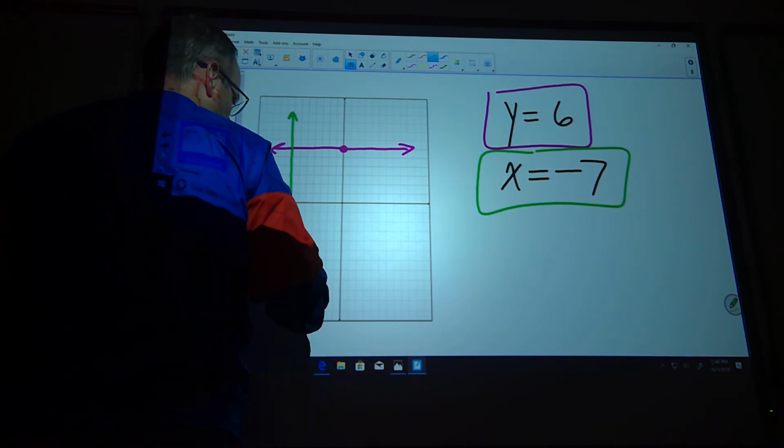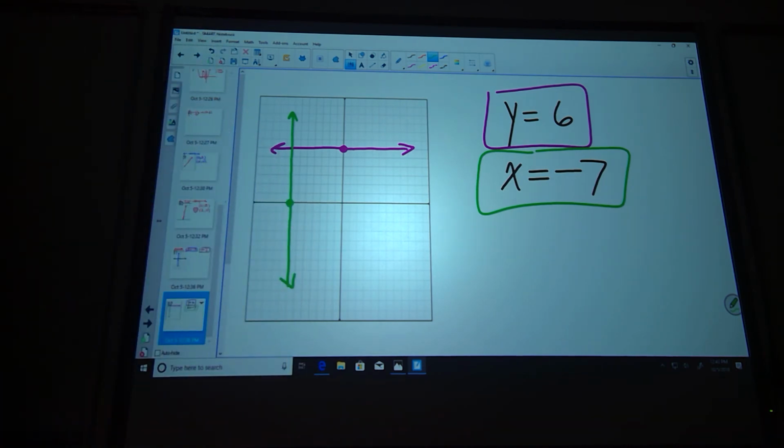Aiden, what kind of slope does a vertical line have? Remember, vertical is very close to what other letter? V is close to U, and U stands for? Questions there?